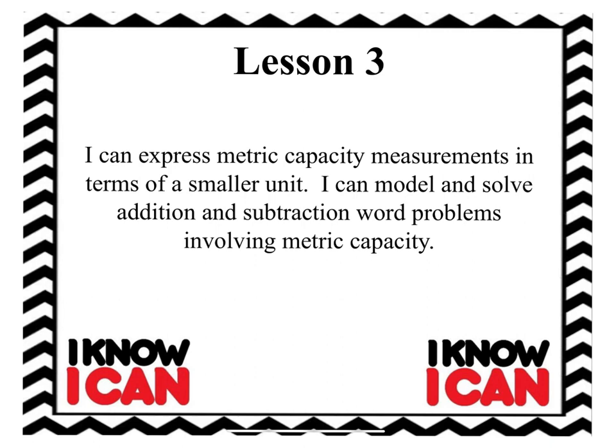So guys, when you hear this word, capacity, we're talking about measuring liquid. All right? And when we're talking about these smaller units, there's a unit called milliliters, and then there's just liters.